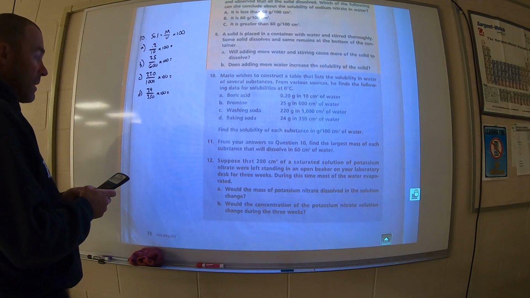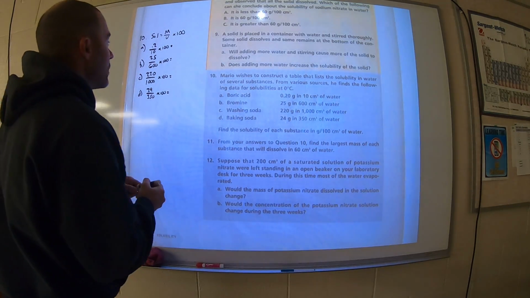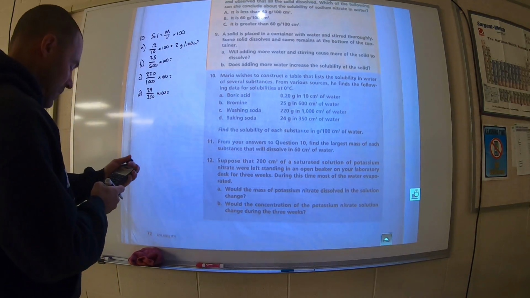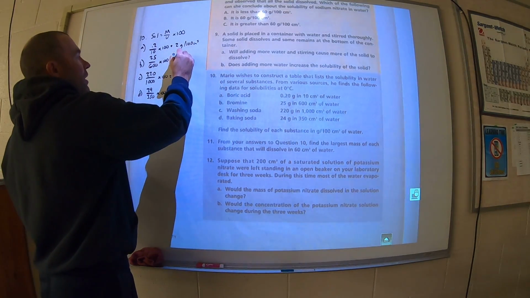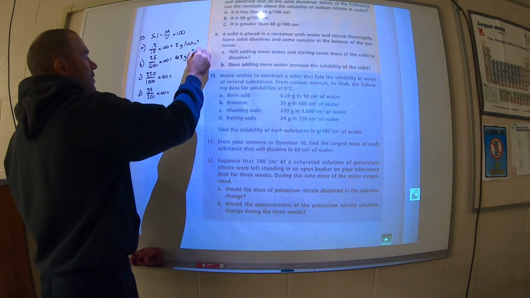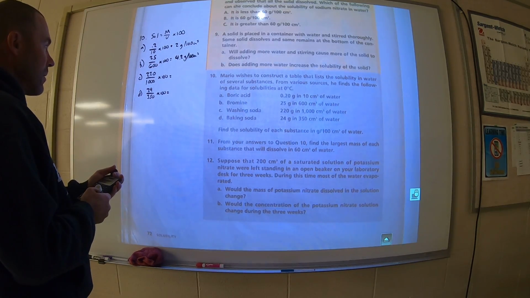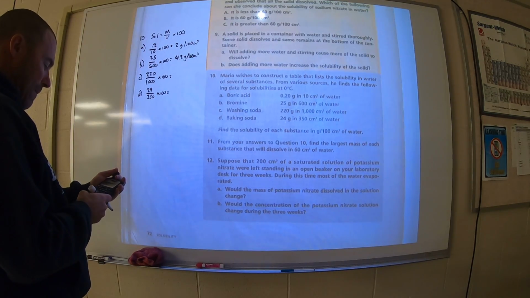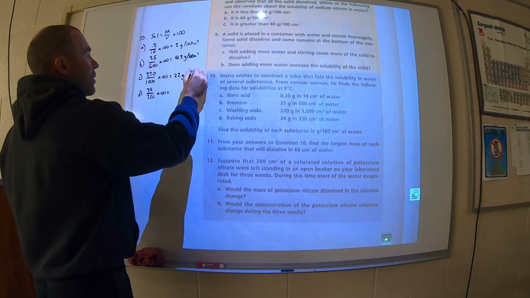So 0.2 divided by 10 times 100 is 2. So this is 2 grams per 100 cubic centimeters. 25 divided by 600 times 100 is 4.2 grams per 100 cubic centimeters. 220 divided by 1,000 times 100 is going to be 22 grams per 100 cubic centimeters.